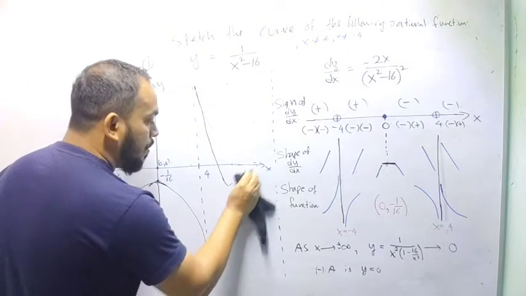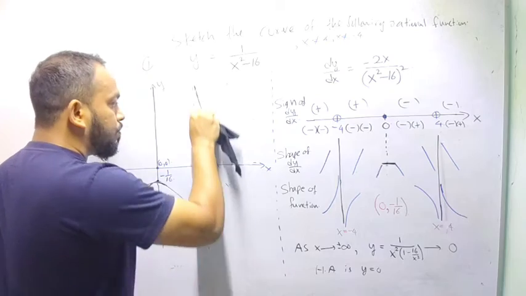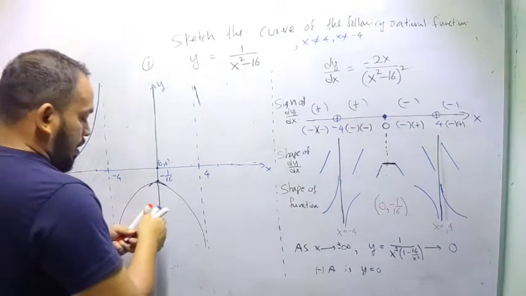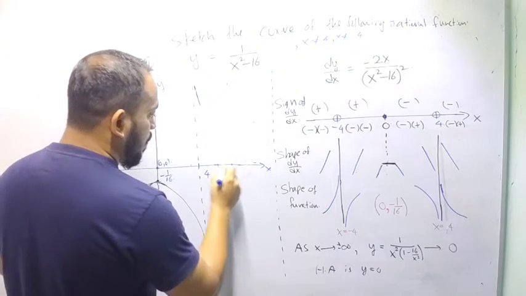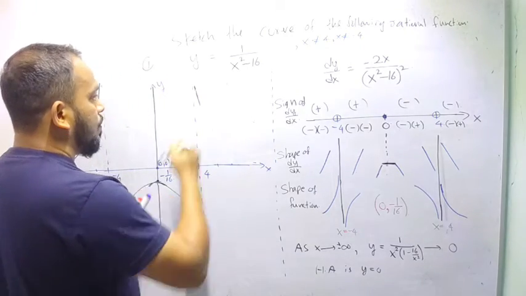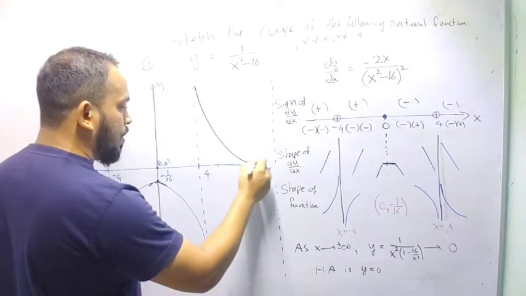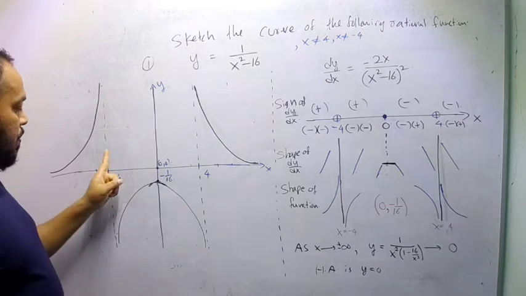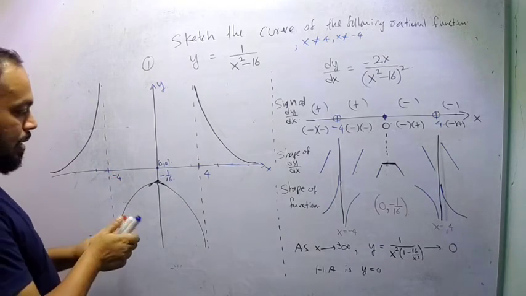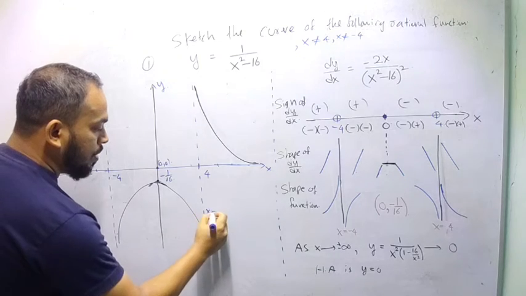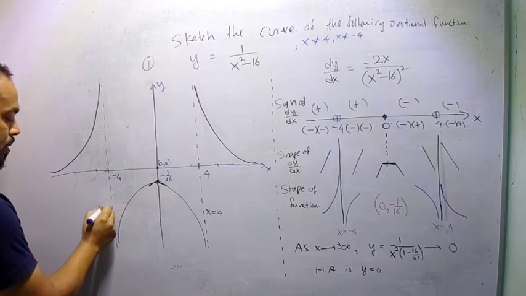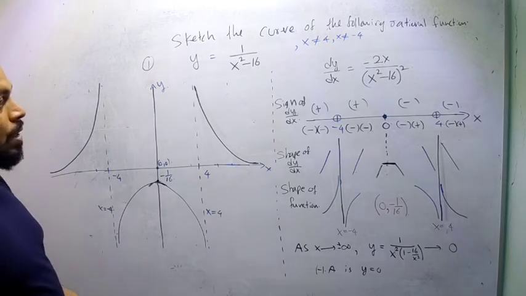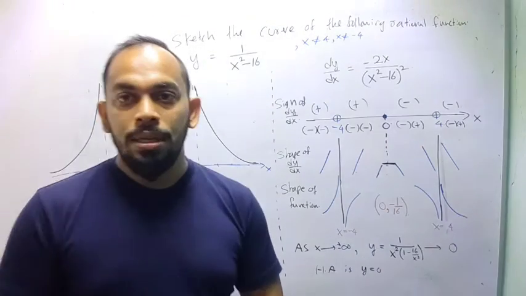So our function must look like this. Here the vertical asymptotes are x equals 4 and x equals minus 4. Right. So we'll look into more examples during the discussion. Thank you.